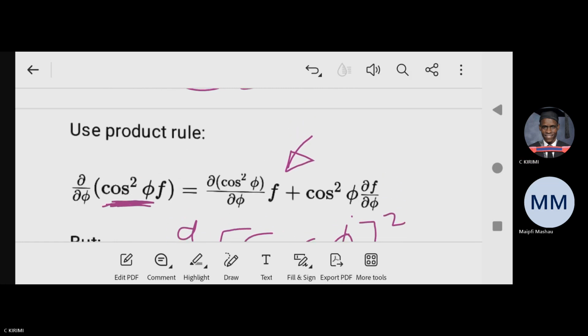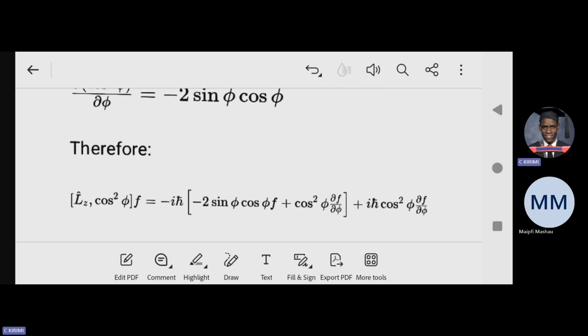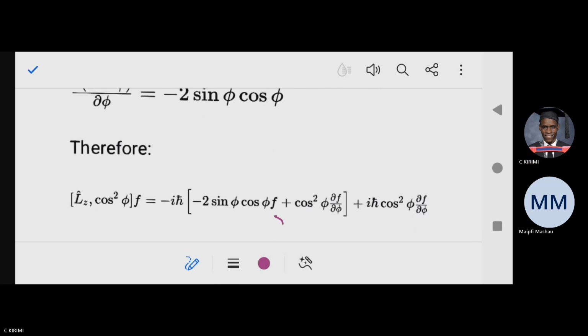So now we have differentiated everything. Then what is left? You must multiply by f. Can you see? Multiplied by f. Then the other one on the right, you keep cos squared phi constant, and then this one, you multiply by what?